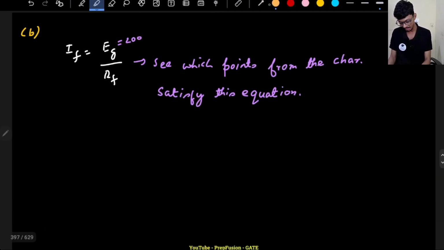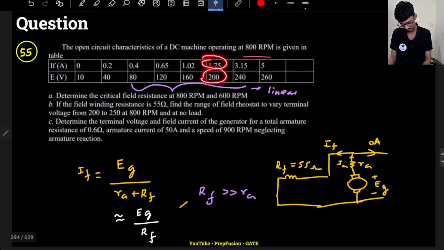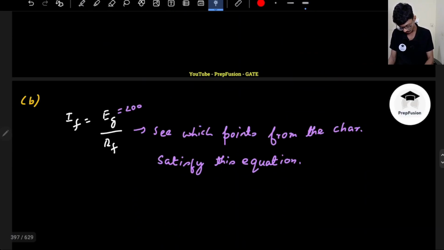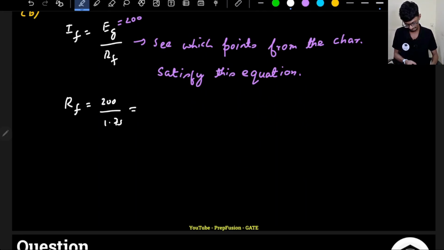What is the RF value? At 200 volts I know the field current: it is 1.75. So RF will be equal to 200 divided by 1.75. This value will be 114.28.